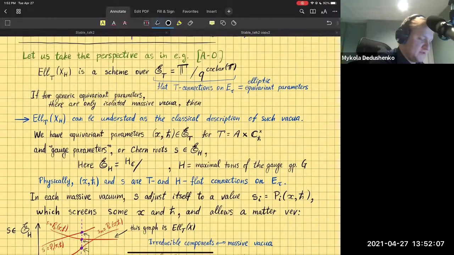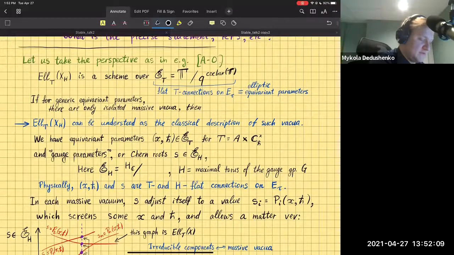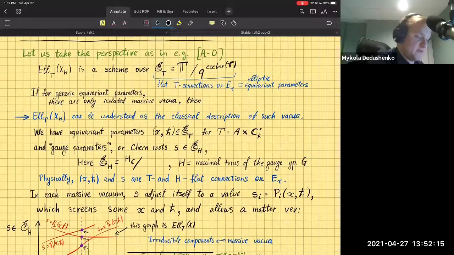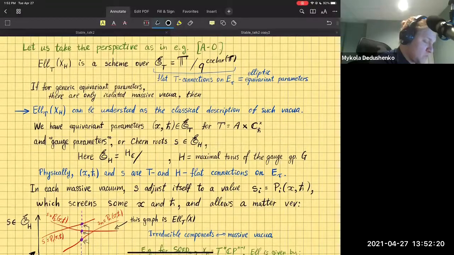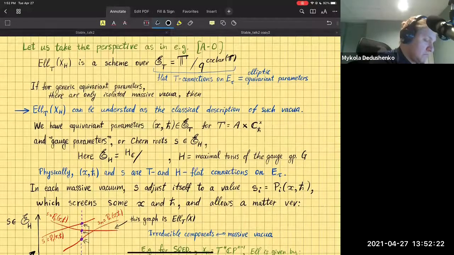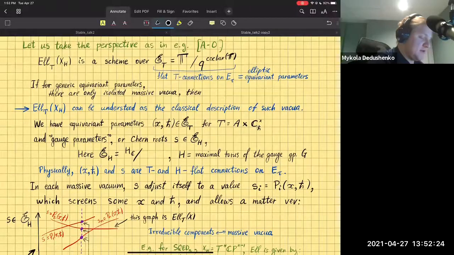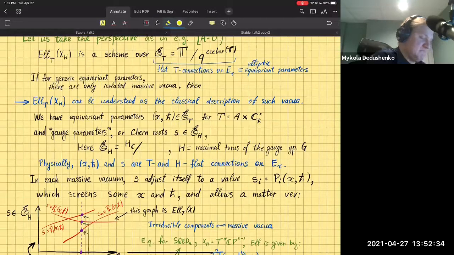Or equivalently, these are the flat flavor connections on our elliptic curve, or equivariant elliptic parameters. Now, if for generic equivariant parameters there are only isolated massive vacua, then this scheme can also be understood as the classical description of these vacua.